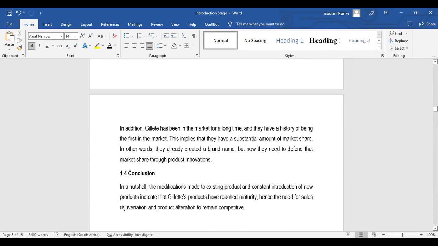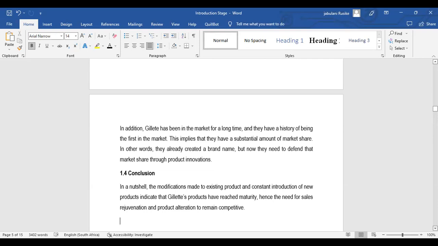Now, if they've been in the market for a long time, it means that they've already established the market share. What they are doing right now is trying to maintain the market share. That's why they are altering the features of the product, because they don't want to slip into the decline stage. They want to maintain the market share.